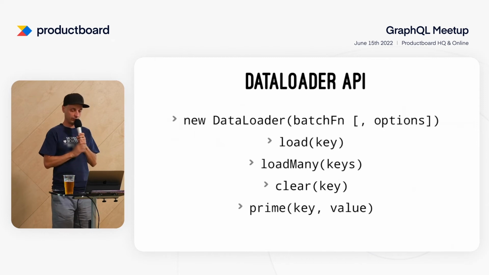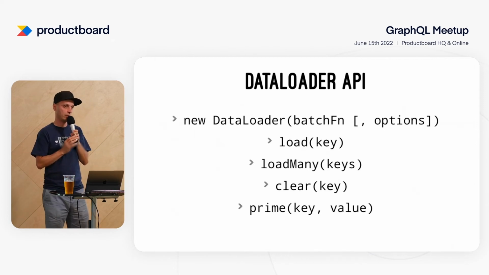And a very interesting one is prime. It can happen that you use the data loader in some resolver where you receive all the data for some entity. So prime lets you cache that data, so any other load call would use it.